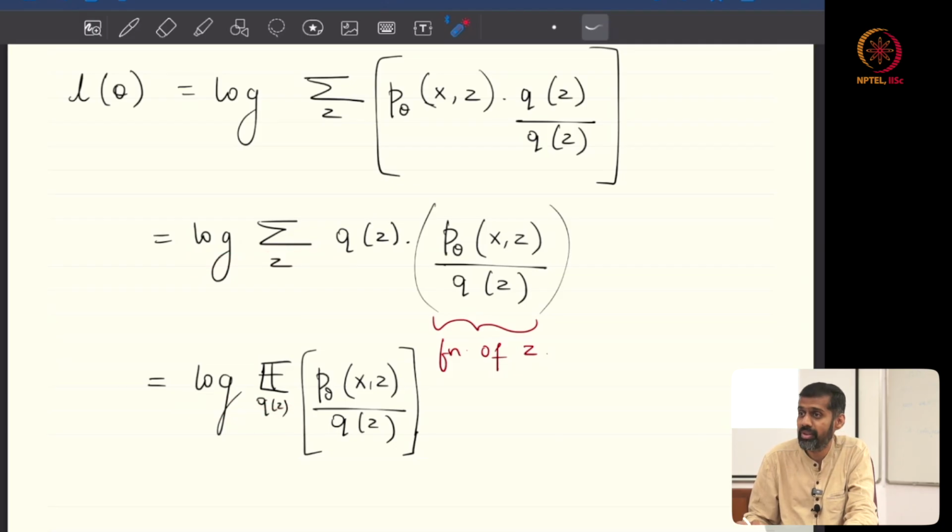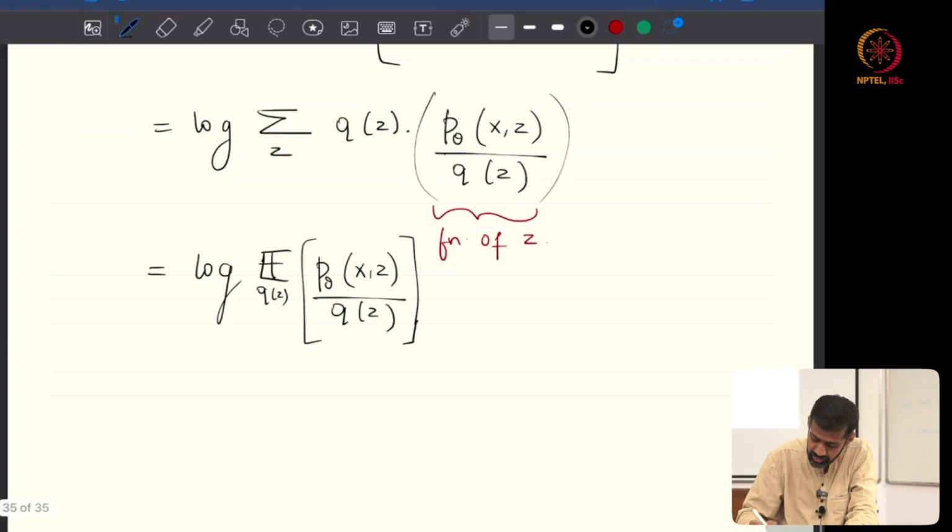Can we do something about it? Turns out we can, not exactly but approximately, okay, using something called Jensen's inequality. So if we have a concave function, then we know that the expectation of a function is bounded by the function of the expectation, that is Jensen's inequality, right. So let us invoke that right now here.